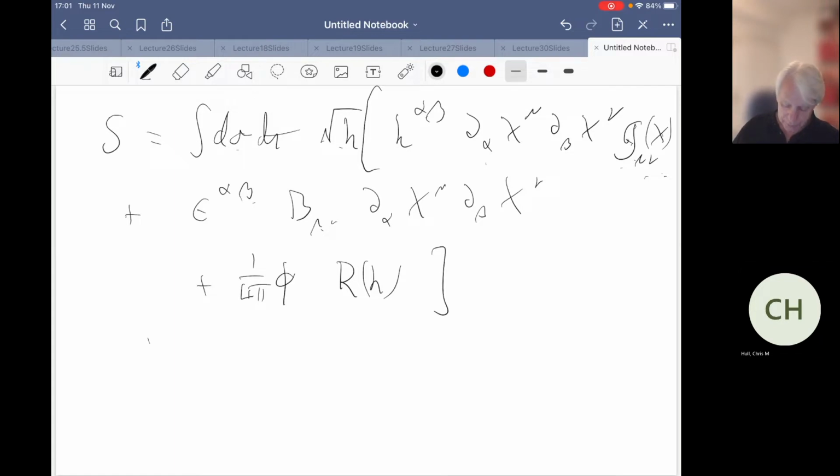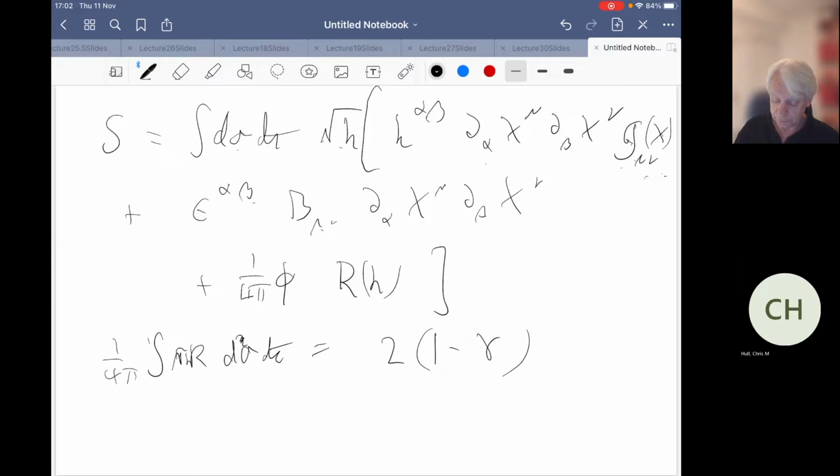Now, it turns out that the integral of 1 over 4 pi times R root h d sigma d tau is precisely equal to 2 times (1 minus the genus).